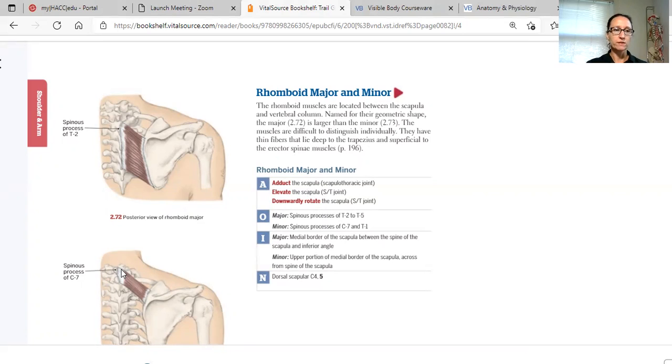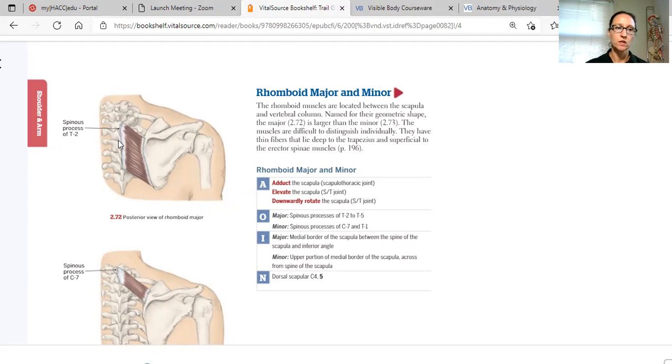For rhomboid minor, we have spinous processes of C7 and T1. Cervical vertebra 7 is the big bump at the base of your neck. If you bend your head forward, the large bump that you can easily feel is C7, and the one just below it is T1. The origin of rhomboid major is the spinous processes of T2 to T5.